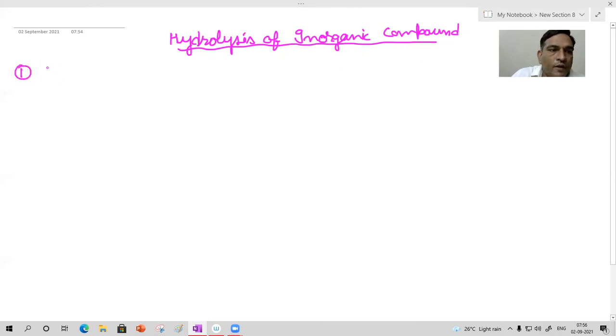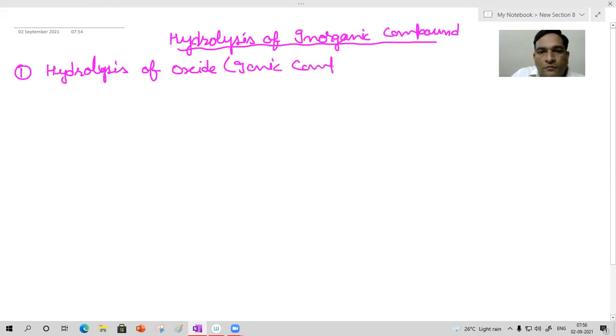First, hydrolysis of oxide. It's an ionic compound. Like Na2O reacting with water.